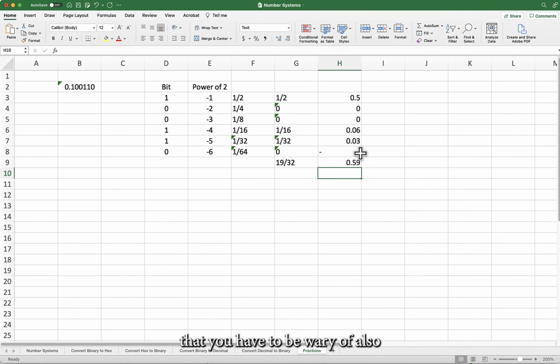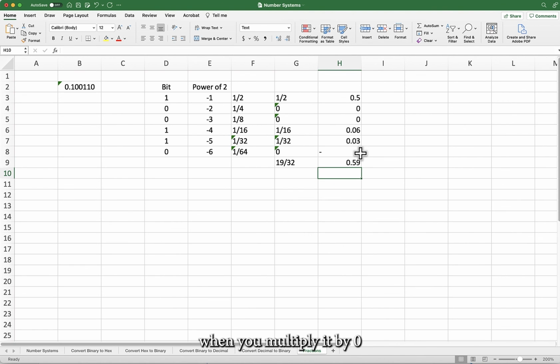One thing that you have to be wary of also is that within a computer, you have a finite number of bits. Eventually, those bits cannot hold the value that you are trying to convert if it is too small, and the computer just represents it as 0 once the number gets to be too small.